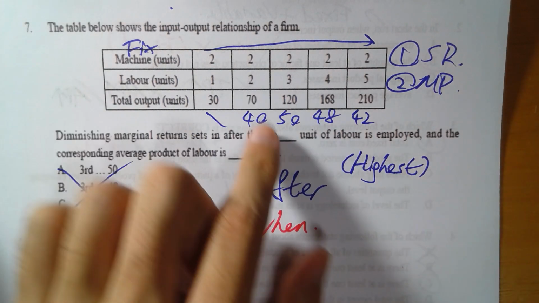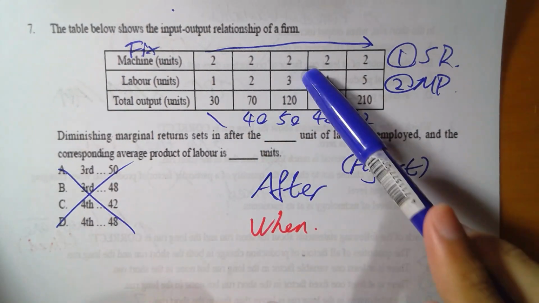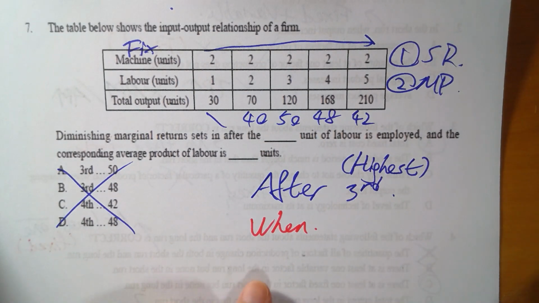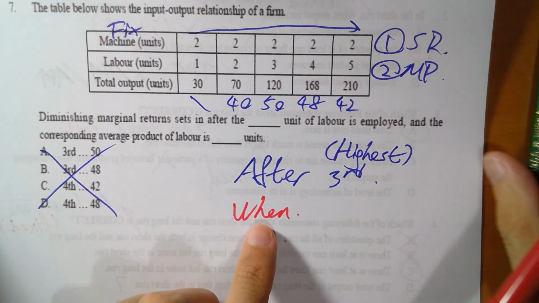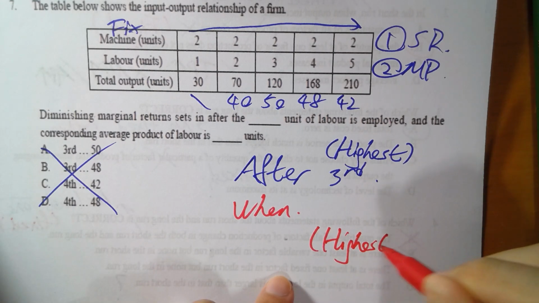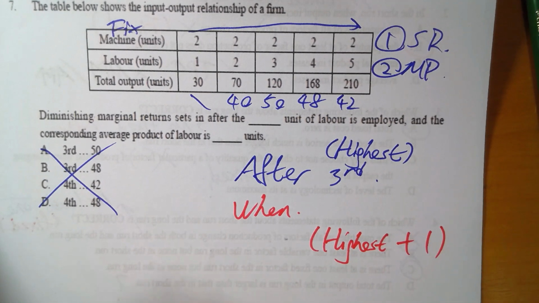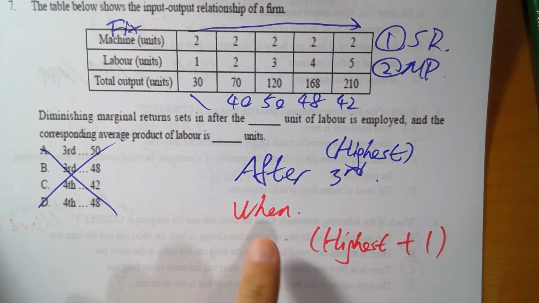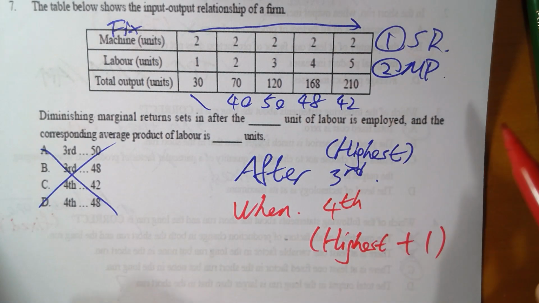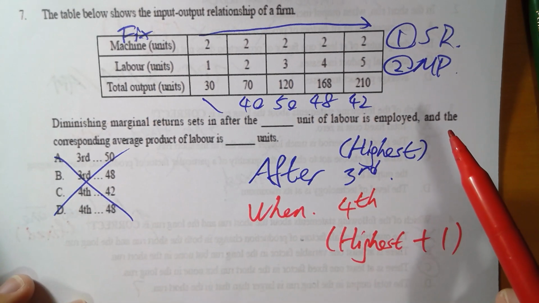Now, according to this table, the highest point is the third unit of labor. On the other hand, when we talk about when, we are talking about the highest point plus 1. We have to add one, right? So it is after the third unit, when the fourth unit of labor is employed, and the corresponding average product.